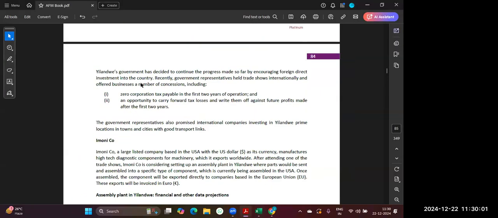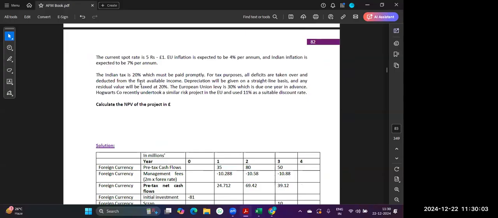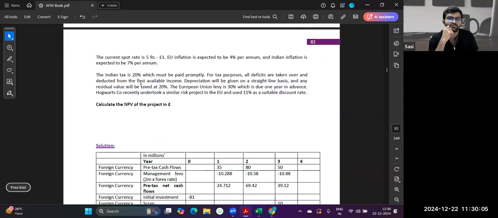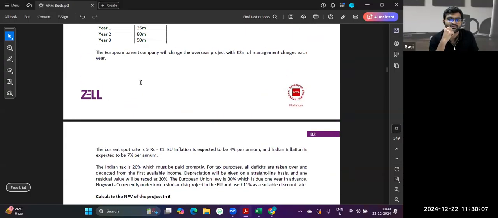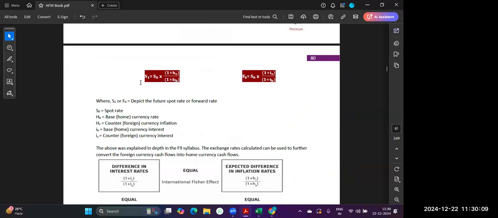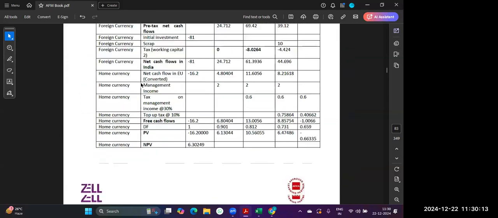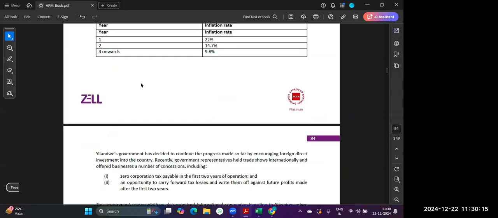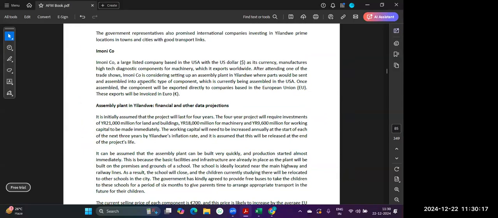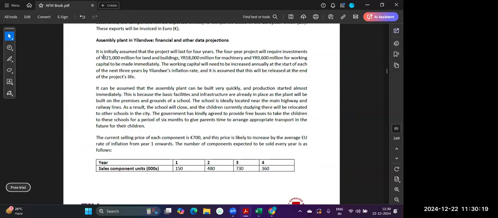Which is the foreign currency and which is the home currency? US is the home currency. Sir, can you explain once again the home country?